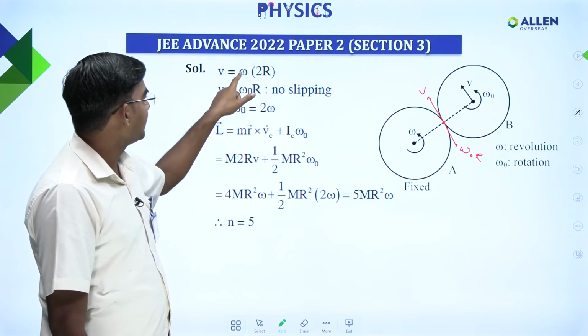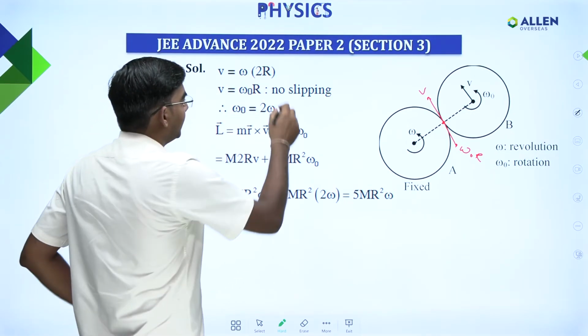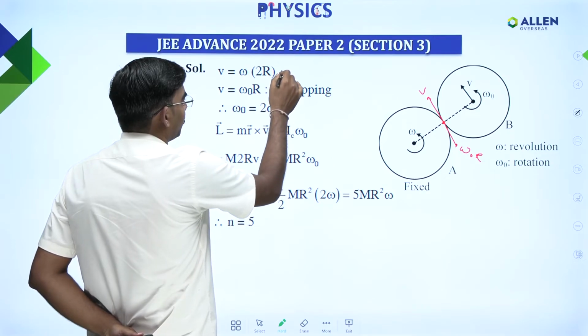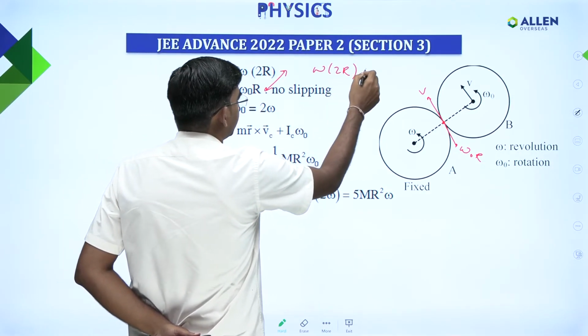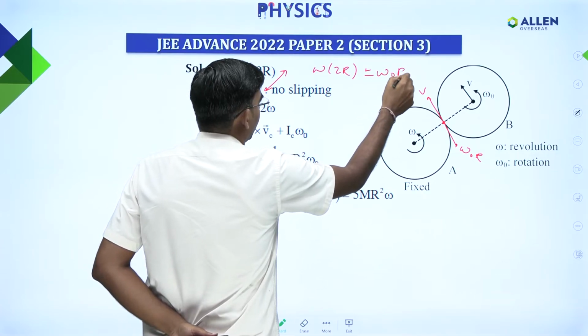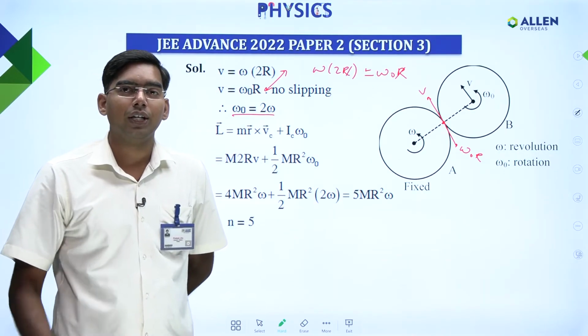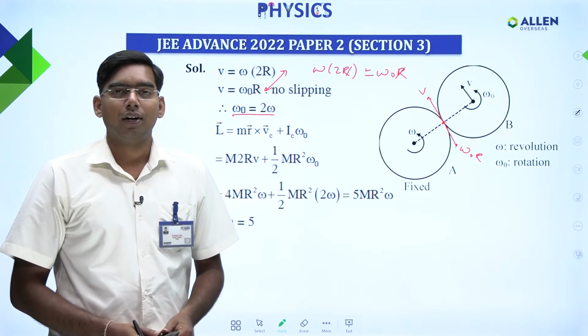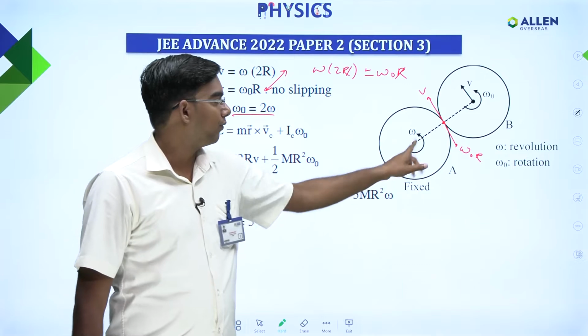So omega into 2r is equal to omega naught into r. So r gets cancelled out. From here, I'll be getting the condition that omega naught is equal to 2 omega. Alright, that means this must be rotating with twice the angular speed of this disk.